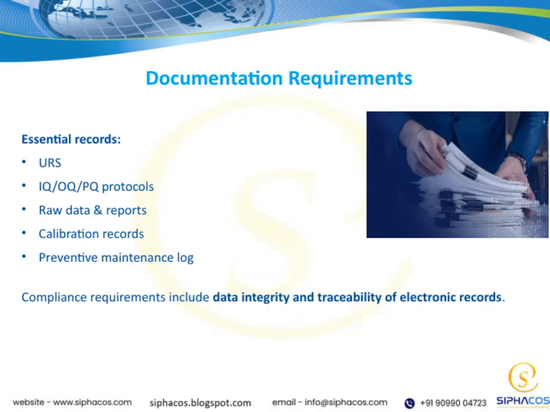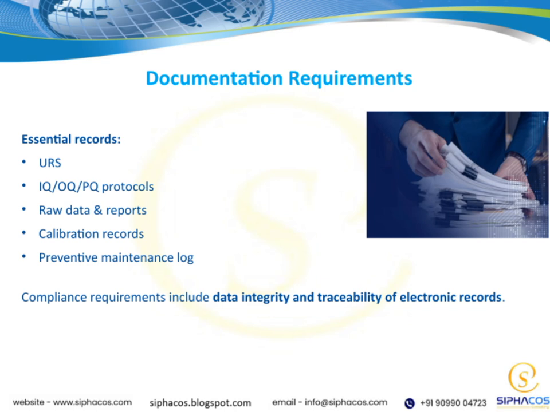Let's talk about documentation requirements, which are crucial for maintaining compliance and ensuring data integrity. Essential records include the User Requirements Specification, or URS, which outlines what the system needs to do. We also need protocols for installation qualification, IQ, operational qualification, OQ, and performance qualification, PQ, to verify that equipment and systems are functioning correctly.